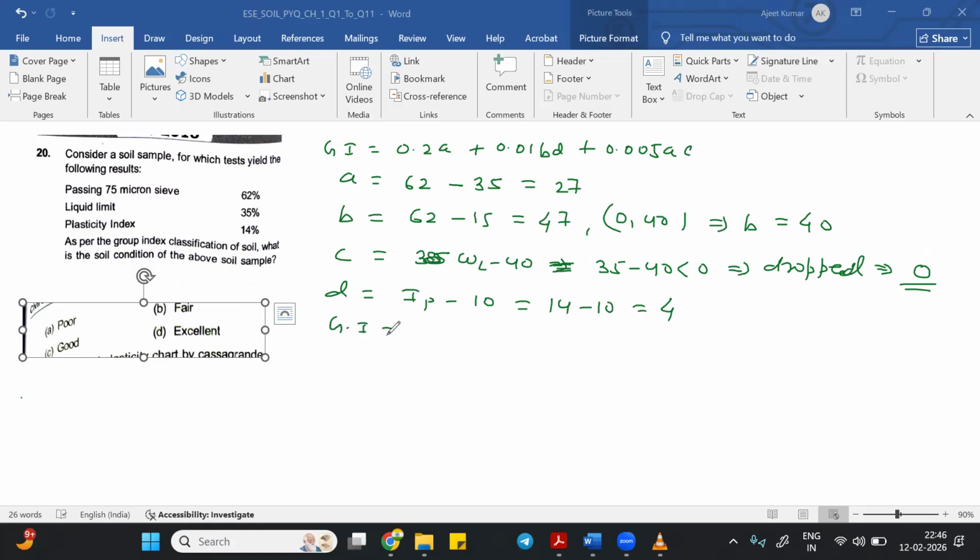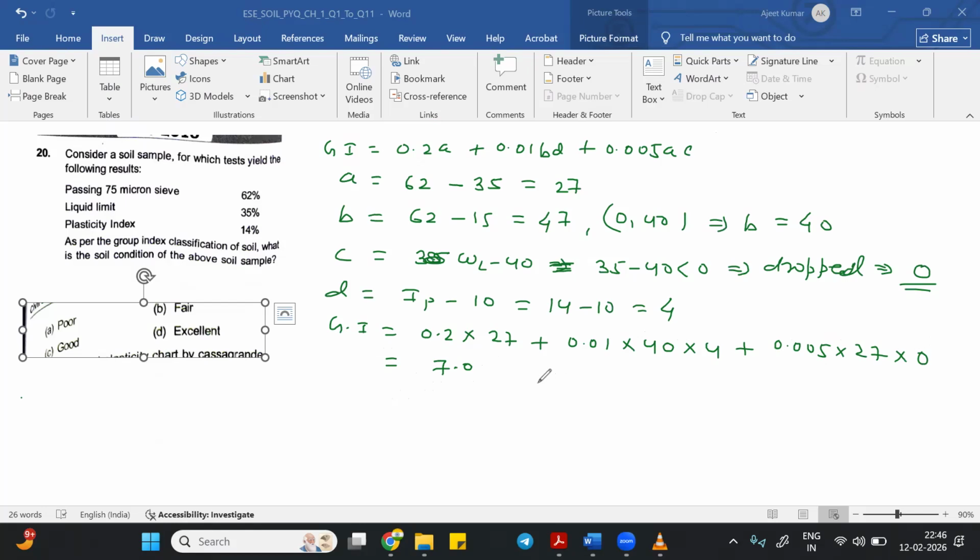So the group index is equal to 0.2 into A is 27, plus 0.01 into B is 40 into D is 4, plus 0.005 into A is 27 and C is 0, and this will give you the value 7.0. So which soil is this?